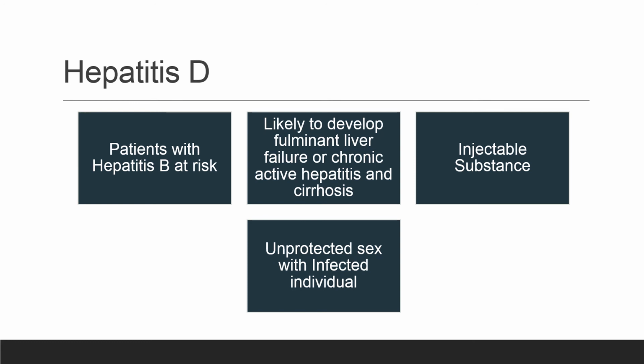Fulminant liver failure is a sudden, severe onset of acute liver failure that occurs 8 weeks after the first symptoms of jaundice.